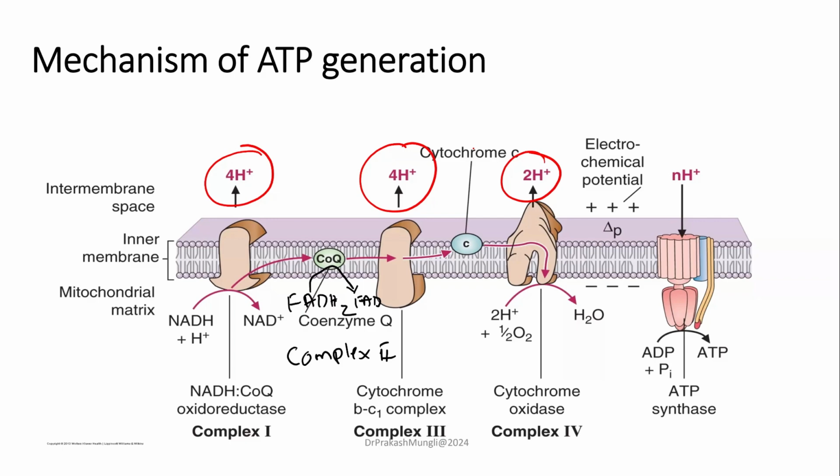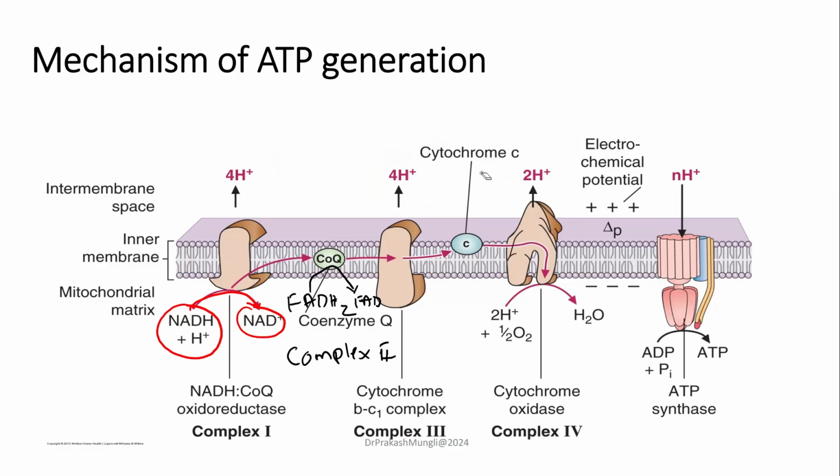So when you oxidize NADH into NAD plus, the amount of energy that you get from that oxidation will help in pumping 4 plus 4 plus 2, 10 protons from the matrix into the intermembrane space.